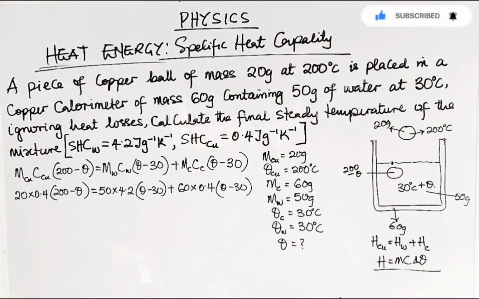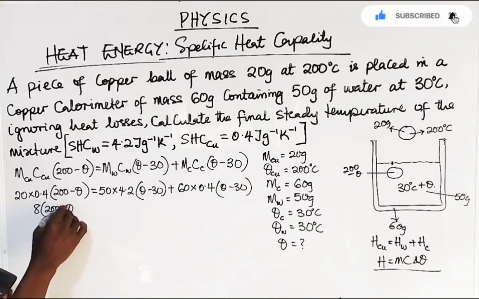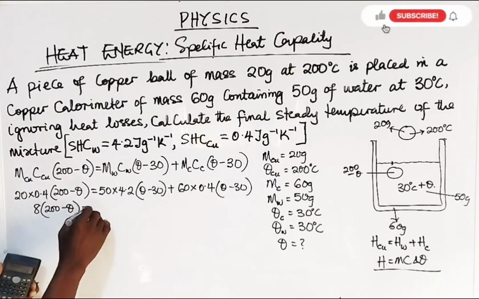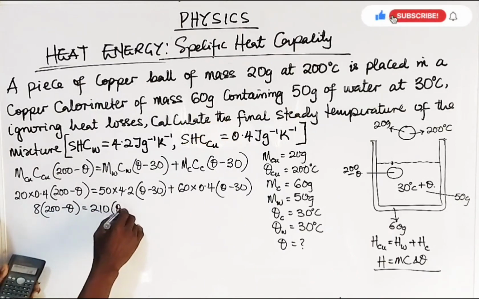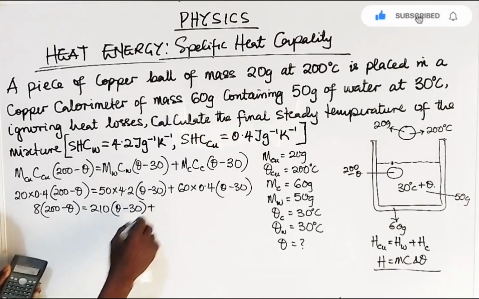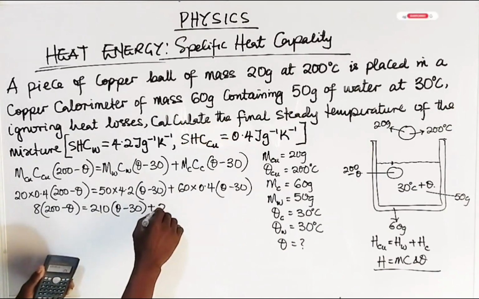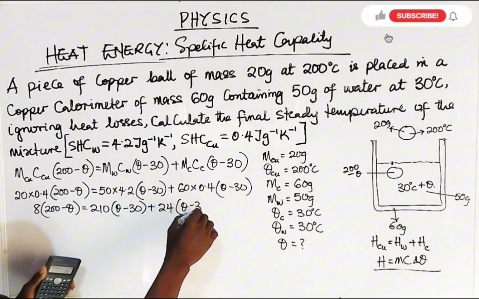Now you can resolve: 20 times 0.4 gives us 8, times 200 minus theta, equals 50 times 4.2, which is 210, into theta minus 30, plus 60 times 0.4, which is 24, into theta minus 30.